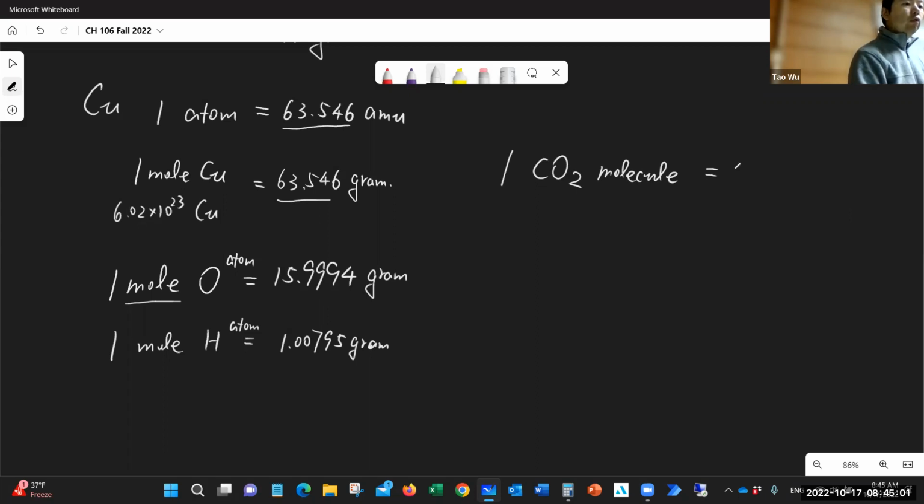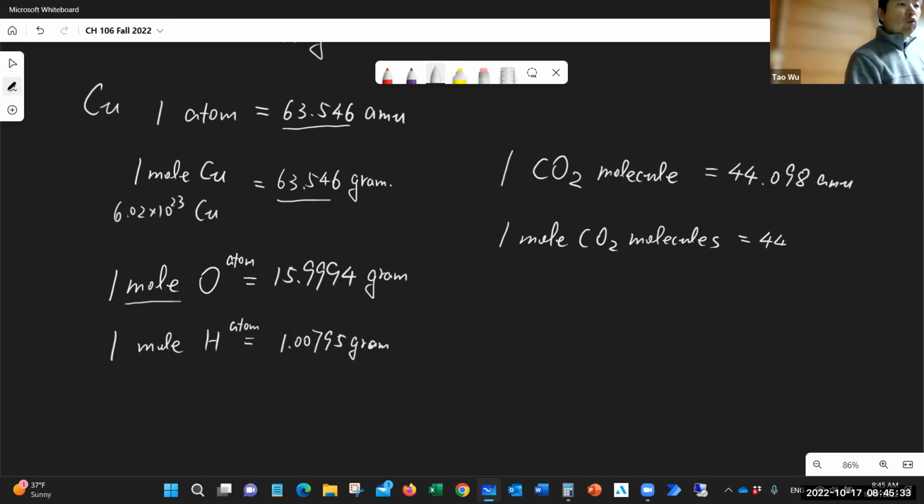It's equal to 44.098 AMU, right? And the same thing for 1 mole of the CO2 molecules. It's not one molecule, this is 1 mole of CO2 molecules. Then that's going to be 44.098 gram.